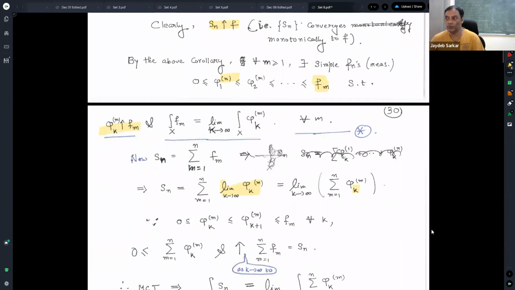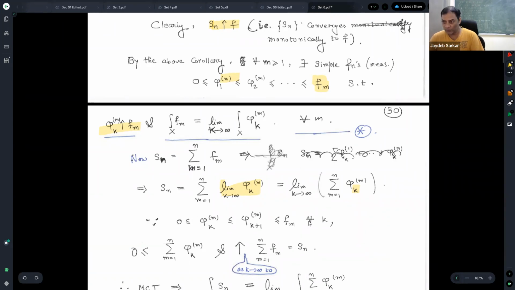Once you know this, you further observe your phi_mk. Of course, they are all positive. So for all k and even for all m, your phi_mk is non-negative, and it is increasing. So this is less than or equal to phi_m(k+1), and they are all dominated by fm. You know all of it, right?